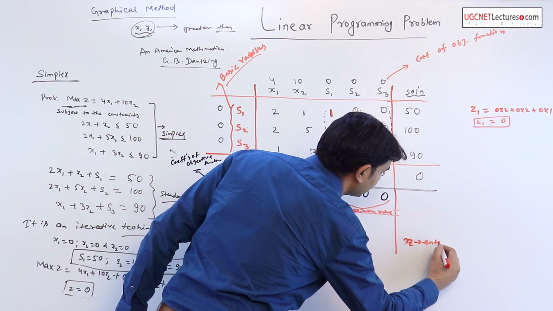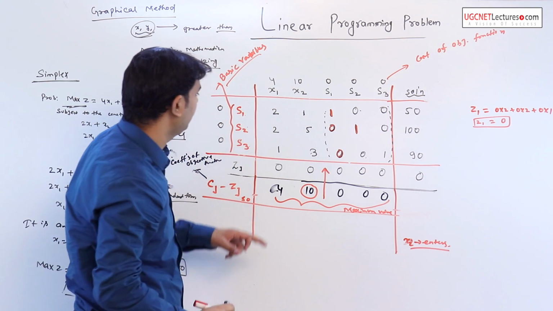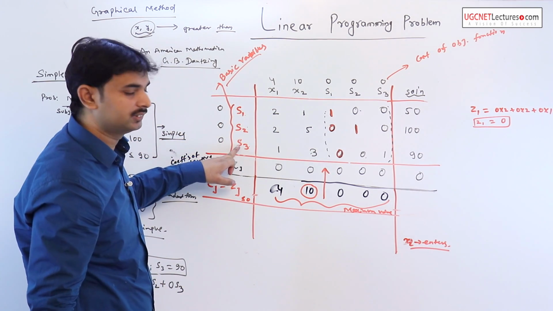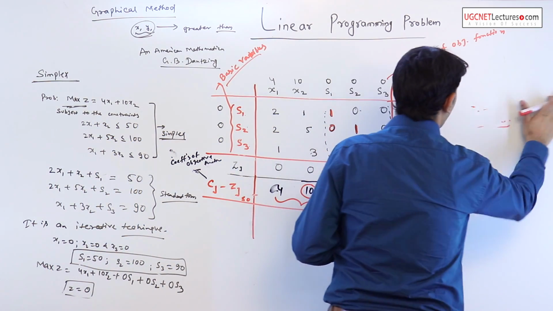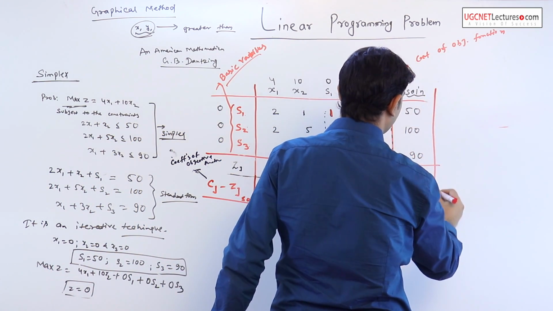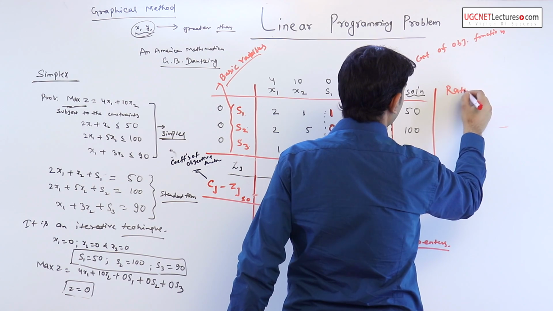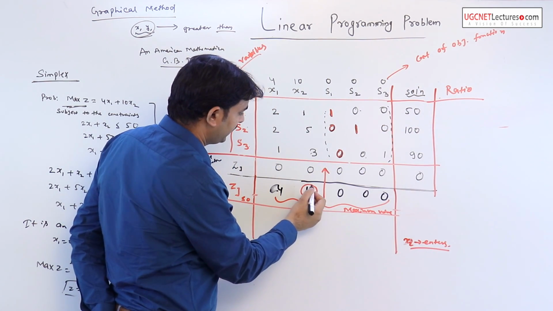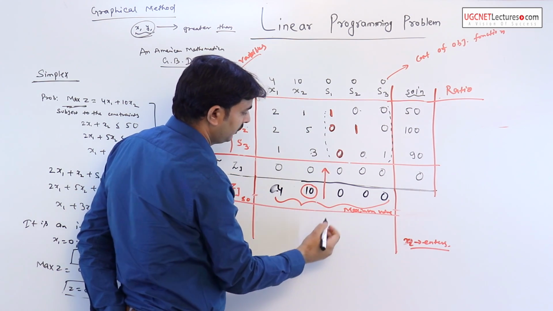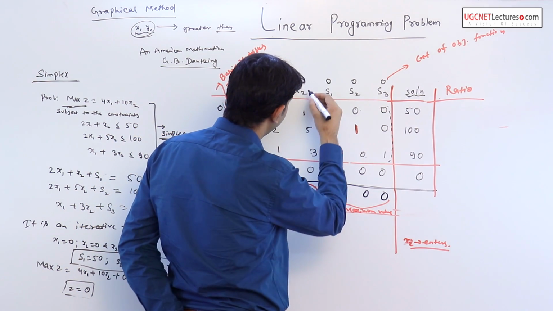x2 enters. But which one leaves? For doing which one leaves, we have to find the ratio. To find the ratio, this is our key column.